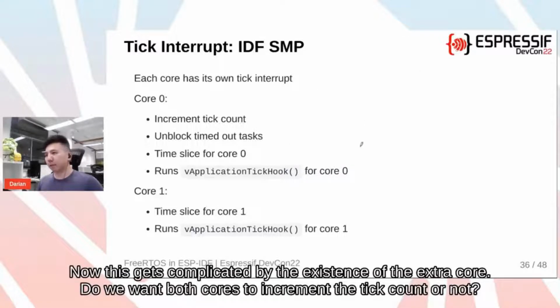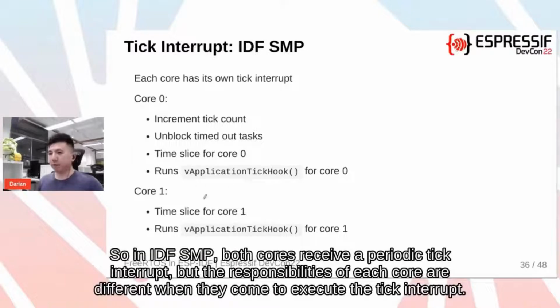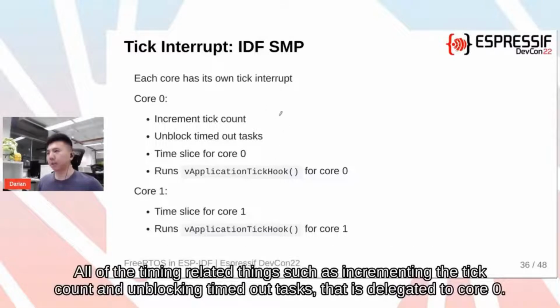So what about tick interrupts in IDF SMP? Now, this gets complicated by the existence of the extra core. Do we want both cores to increment the tick count or not? In IDF SMP, both cores receive a periodic tick interrupt, but the responsibilities of each core are different when they come to execute the tick interrupt. All of the timing related things, such as incrementing tick count and unblocking timed out tasks, are delegated to core 0.